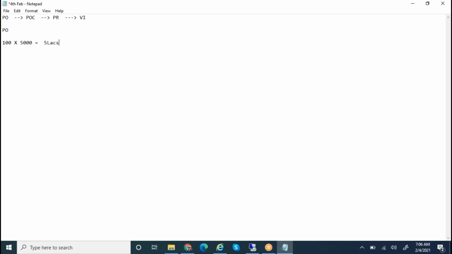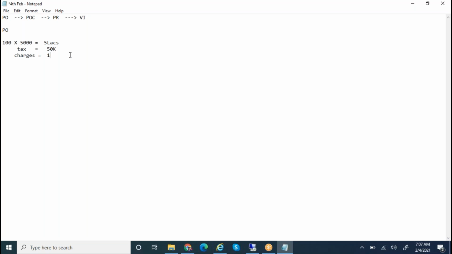Now the tax is 50,000. Suppose 50,000 is the tax amount. And then transportation charges, which I have not explained yet and will explain later, are 20k.